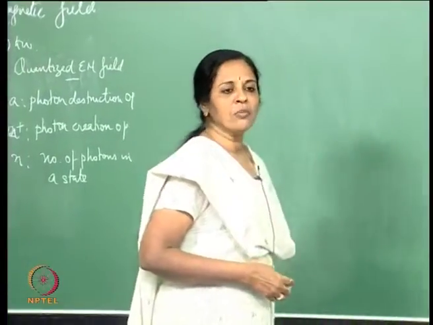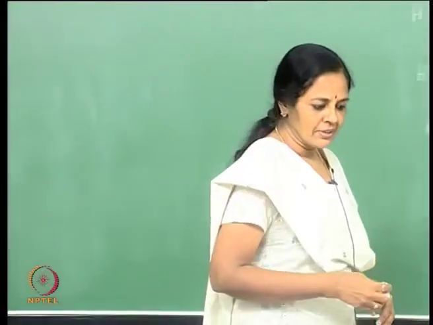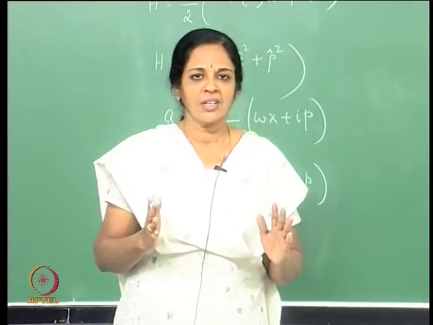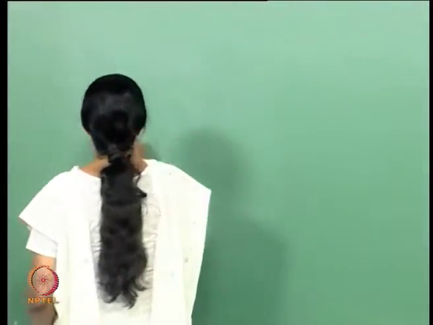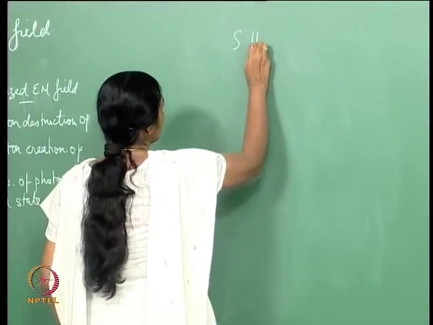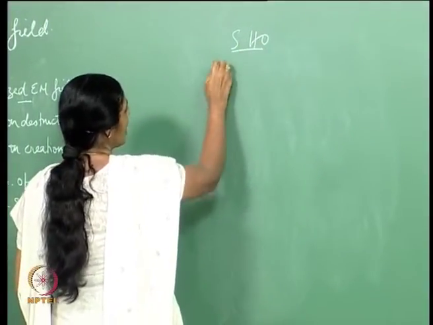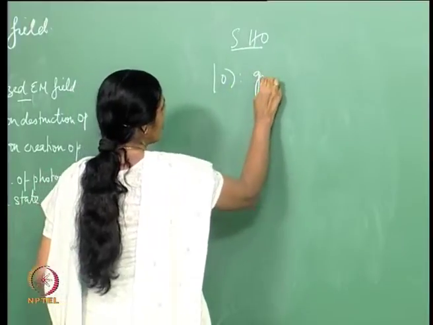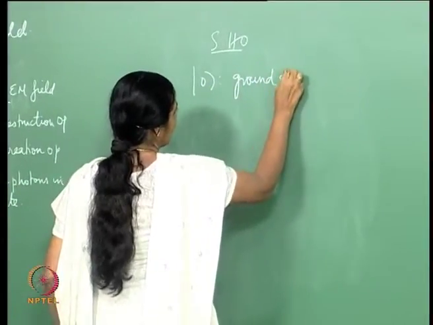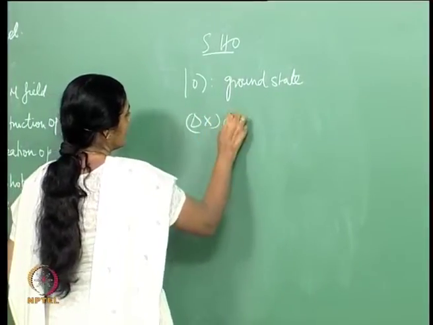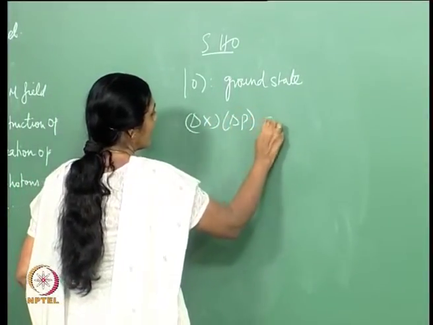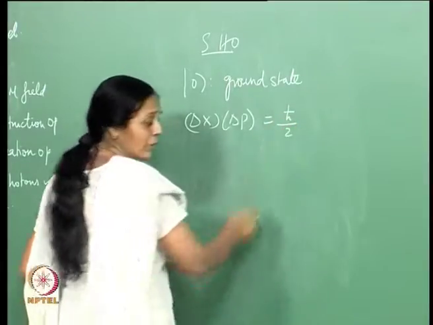When I spoke about the harmonic oscillator, I discussed the uncertainty principle in that context and showed that the ground state of the oscillator was a minimum uncertainty state. So, let me recapitulate. In the case of the simple harmonic oscillator, the ground state of the oscillator satisfied delta x delta p is equal to h cross by 2.